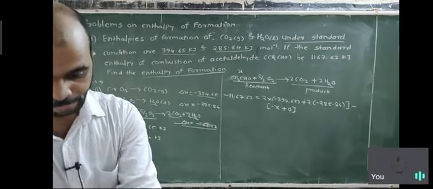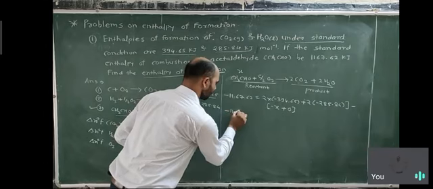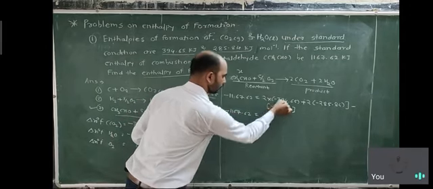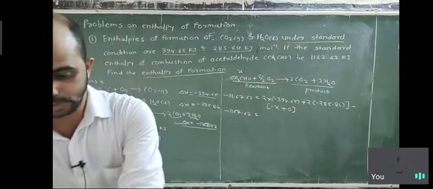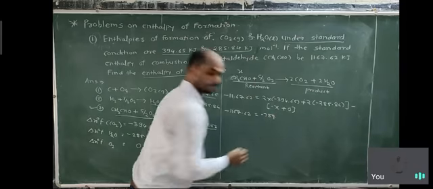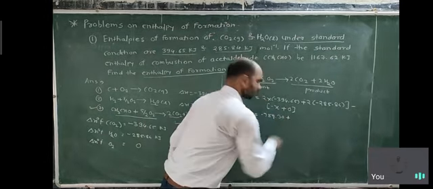Okay, so what is the answer here? Minus 1167.62 is equal to, first of all multiply this one, the answer is minus 789.30, plus the second one.